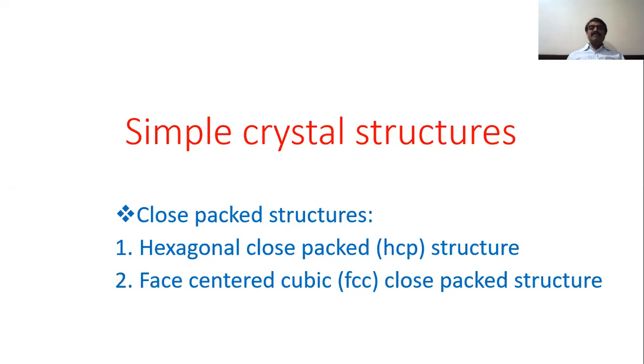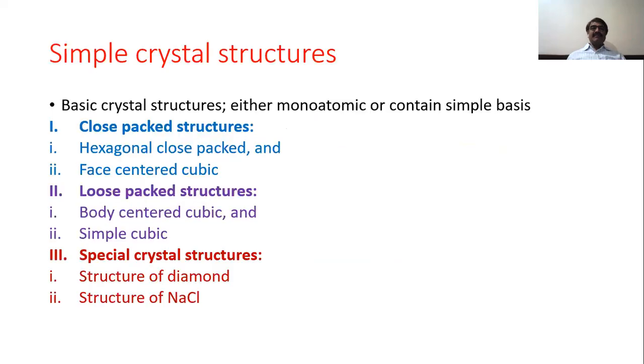So these are two types of close packed structures, and we will study these two structures in detail in today's lecture. Let us see one by one. Something to say about the simple crystal structures which we are going to study: these are the basic crystal structures which are obeyed by monoatomic crystals.